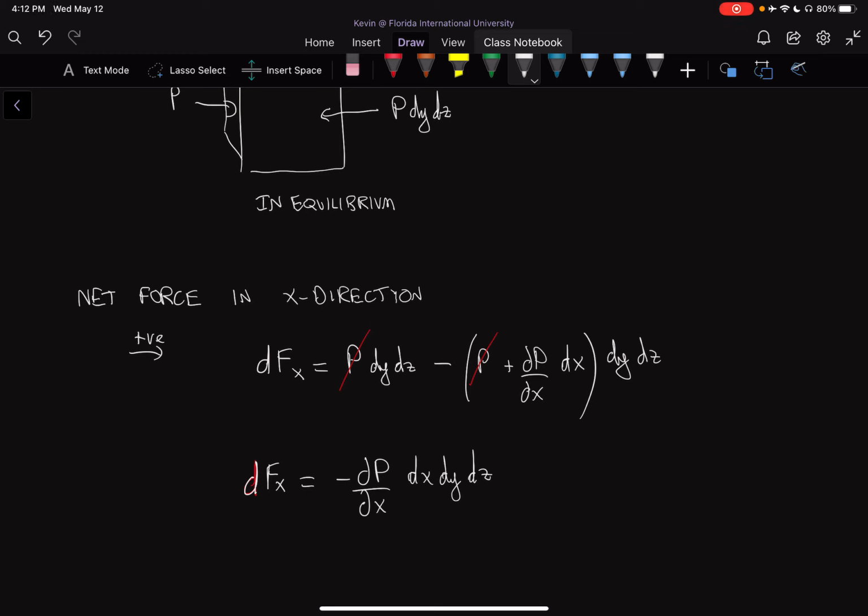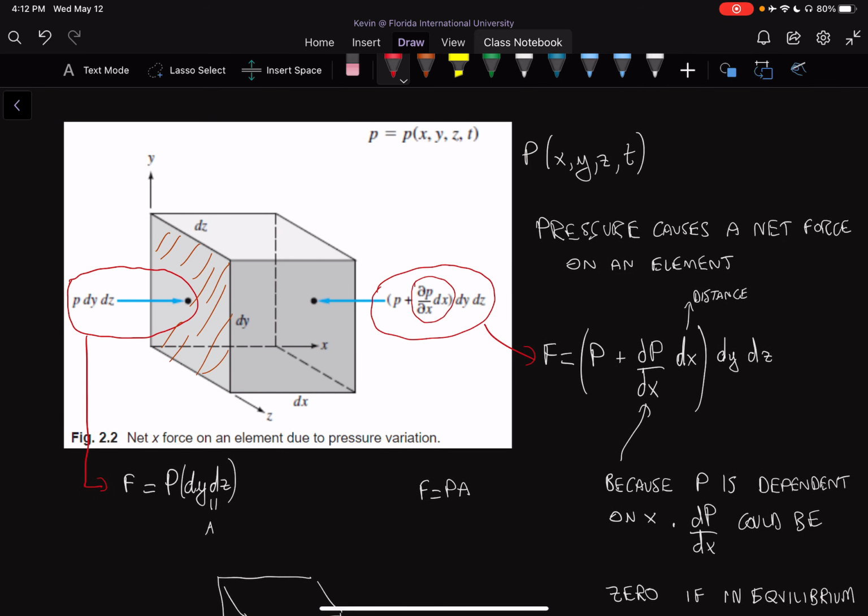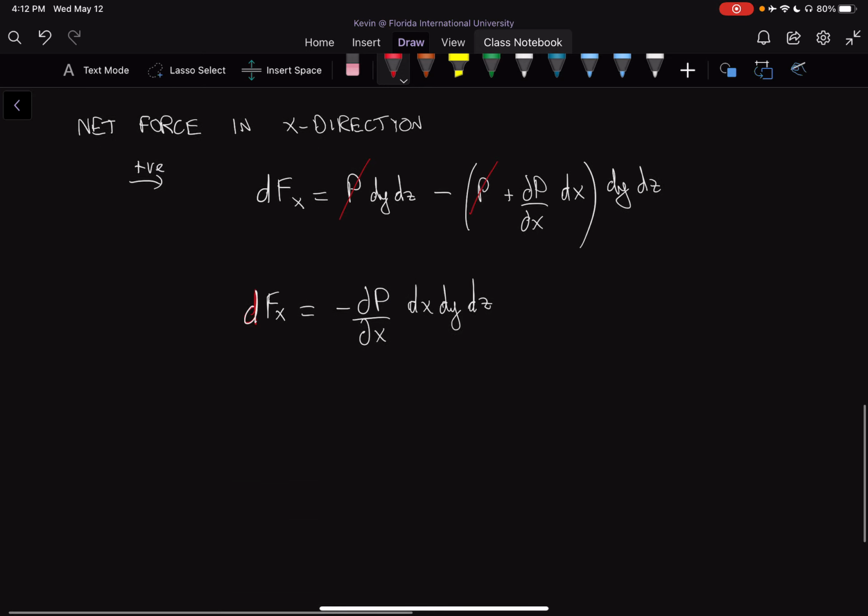And in the same way, we could do the same exact analysis looking at the other elements. So we could do the same analysis looking at the top and the bottom, or looking at into the box and out of the box here. So looking at the three different sides, we could actually get our forces in the other directions.